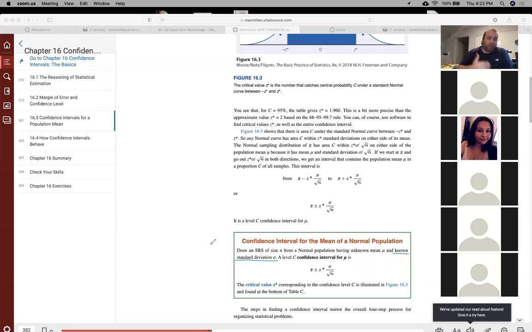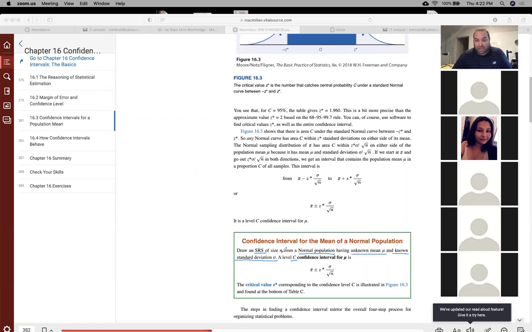So when you're doing a problem on a homework or on a test, and you have to decide which formula to use, you've got to look at all the information. It's got to be an SRS. It's got to come from a normal population. The mean itself is unknown. That's what we're looking for. And sigma is known. Then they've got to give you the confidence level.